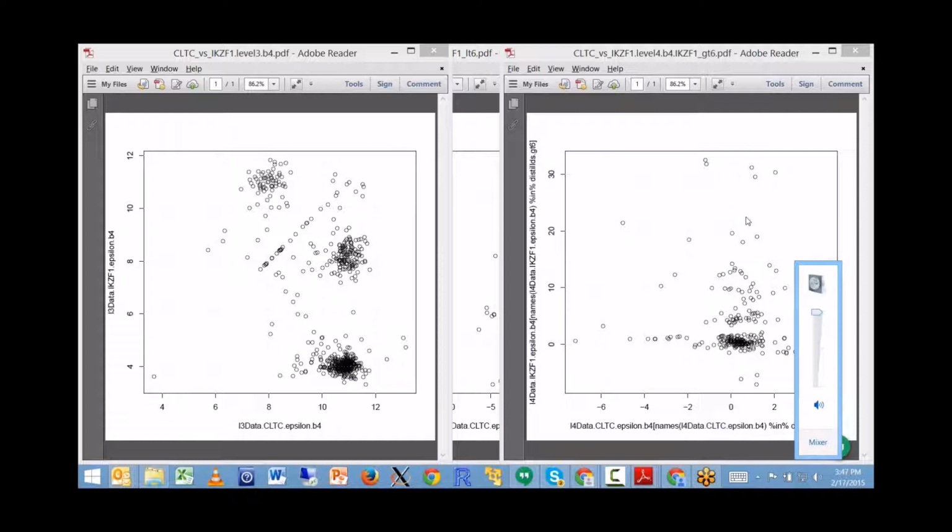Our goal is to get everybody interested in the analysis of these other data sets.